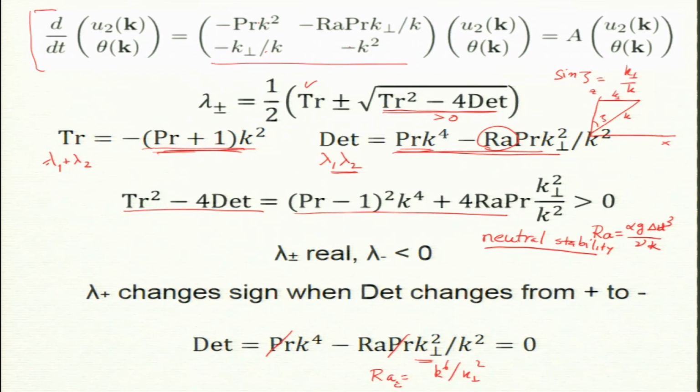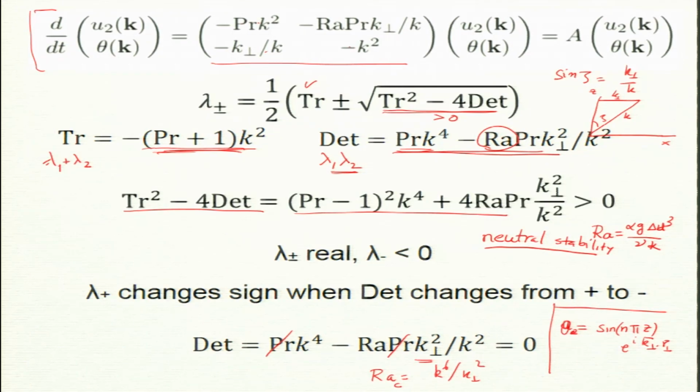Now, k is related to the box roll size. If you recall my definition of the Fourier modes, I am going to write it here; I will not go back to those definitions. Let us look at theta. Theta was sin n pi z times exponential i k perp dot r perp, correct, that is what I made.